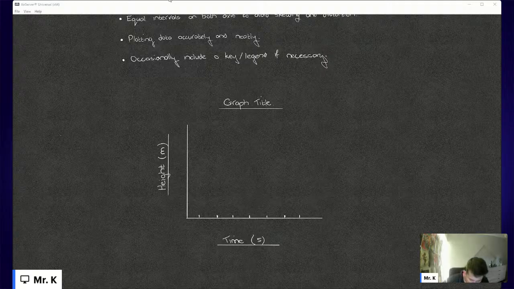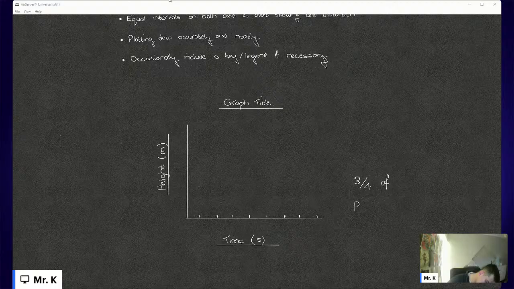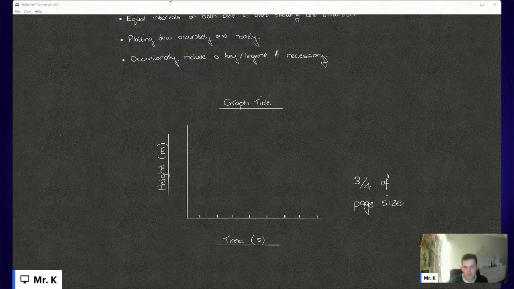fitting your graph to at least 3/4 of the page. Right? You fit your graph to 3/4 of the page size, whether it's normal paper or graphing paper.